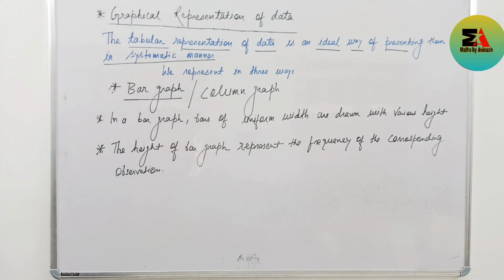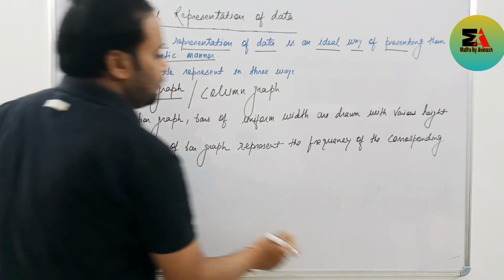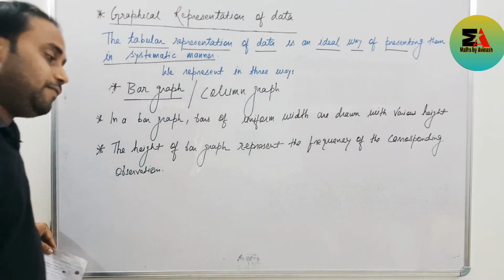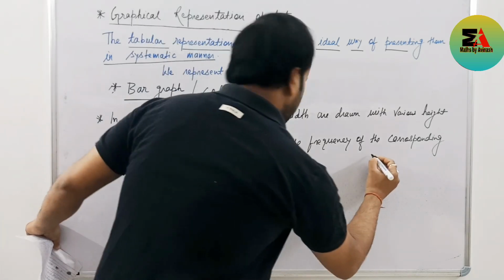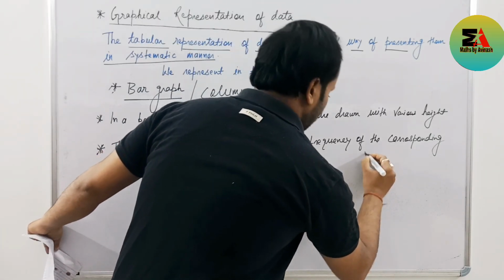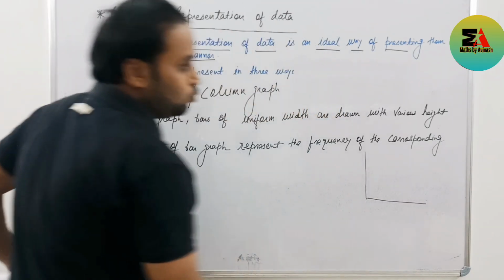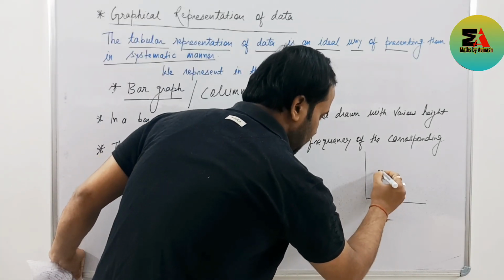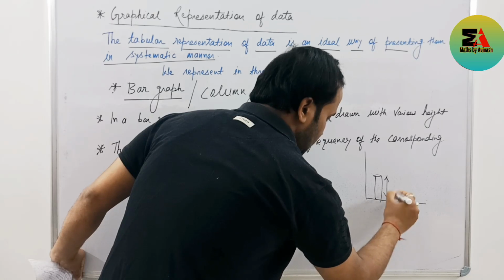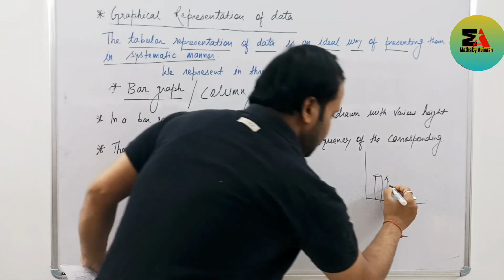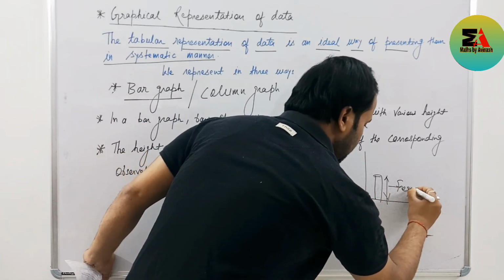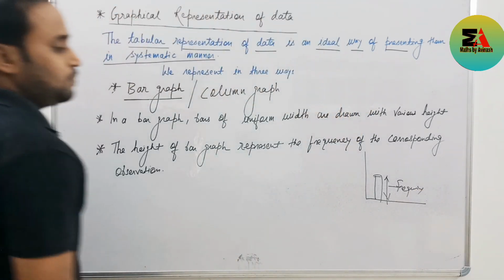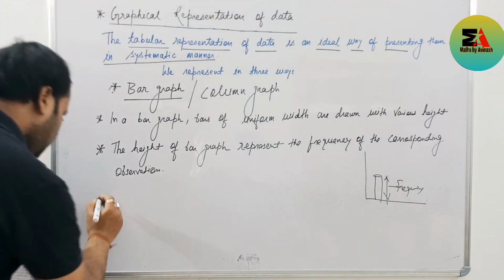What does our second point say? We have to plot the frequencies. Those frequencies are given, and we plot them as the height of the graph. These are heights, in the form of frequencies which are already given in the questions. I hope this is clear to you.